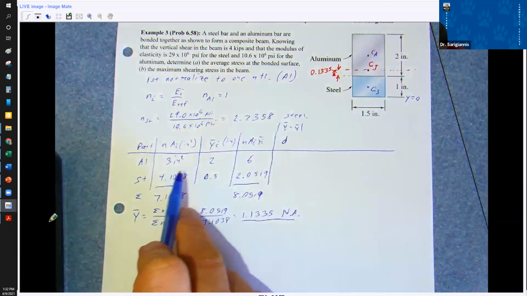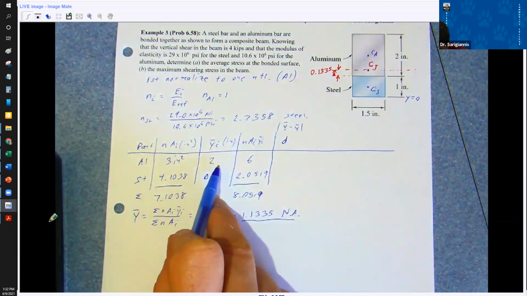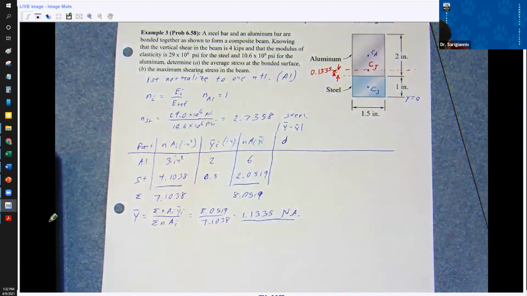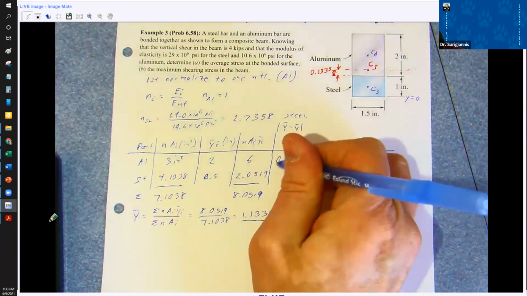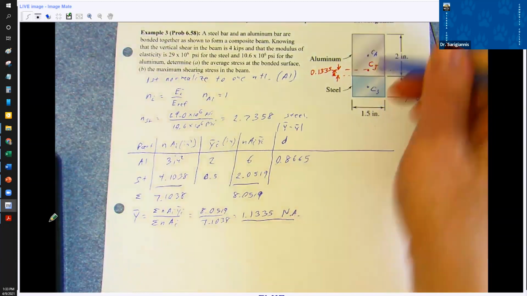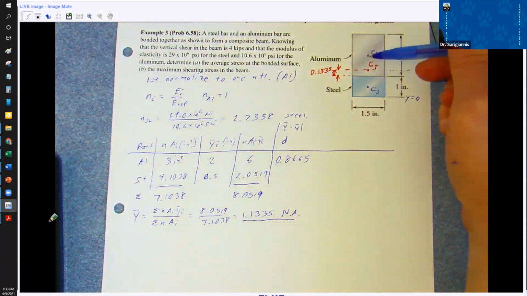This is at 2 inches, basically, minus the 1.1335. So 0.8665. That's the distance from here to here.